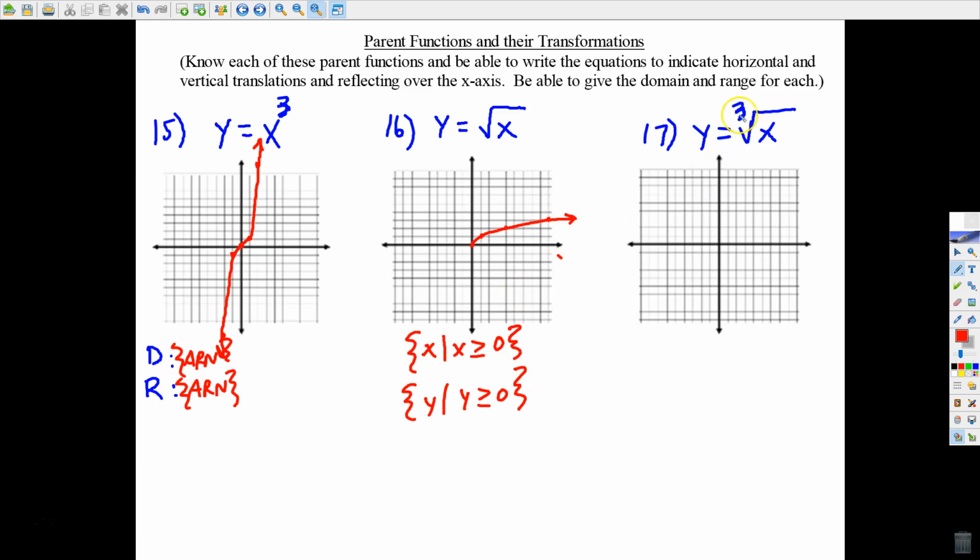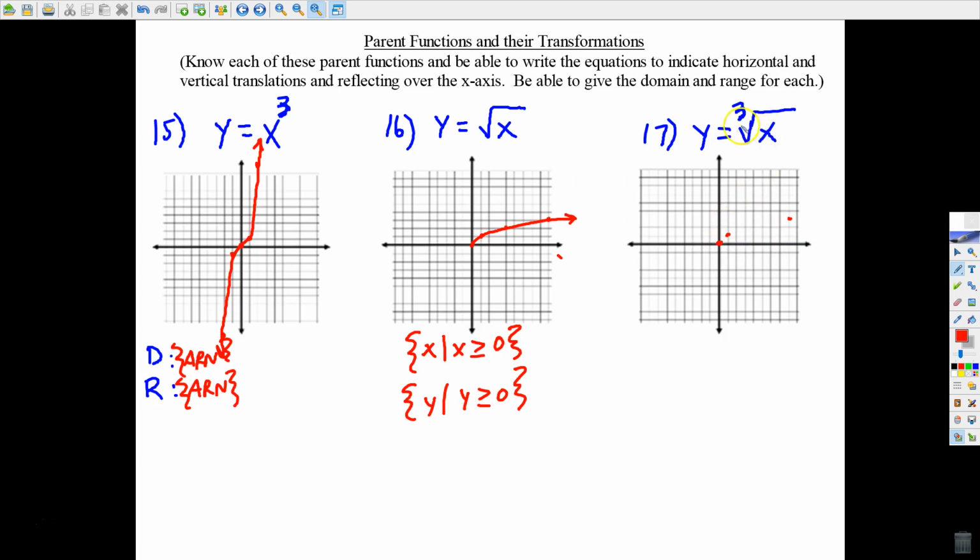Okay, the cubic, or the cube root function. If you input 0, you get output 0, input 1, output 1, input 8, you get output 2, and that's also true for the negative.